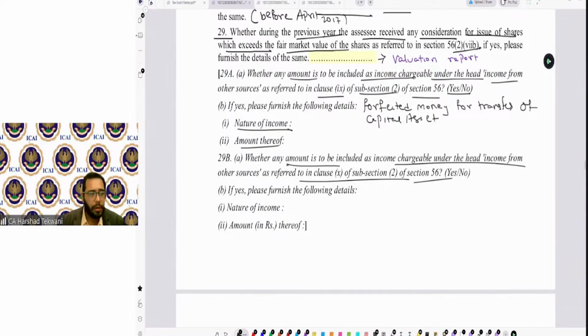Basically here, if a person receives in any previous year from any person money, immovable property or other property, and the conditions in that particular section get satisfied, then this particular section will get triggered. Okay, and income is required to be charged under Income from Other Sources. If that is the case, then you are required to provide the details, nature of income and amount thereof.